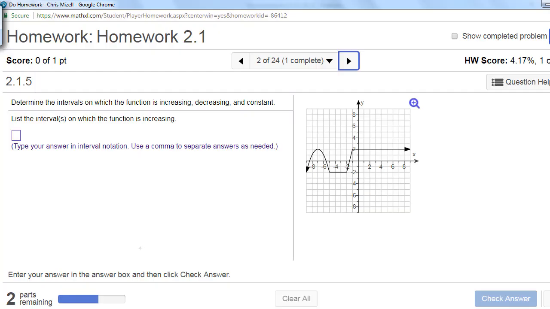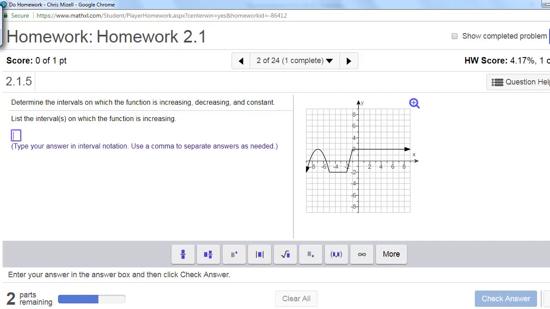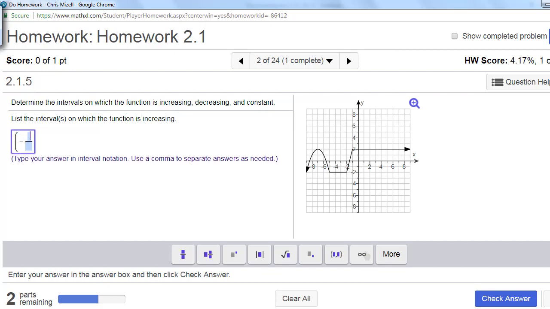As far as how MyMathlab would have us enter this, it does say use a comma to separate answers as needed. So negative infinity.